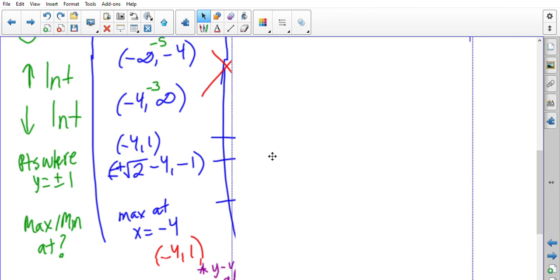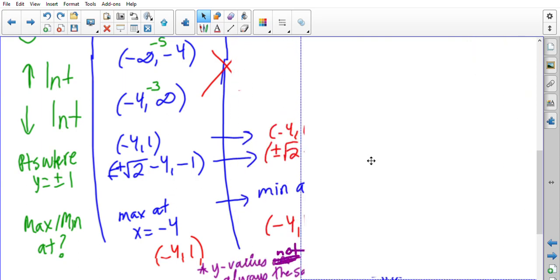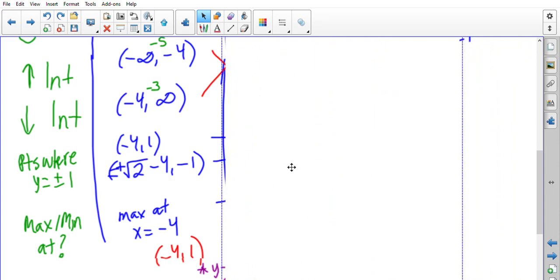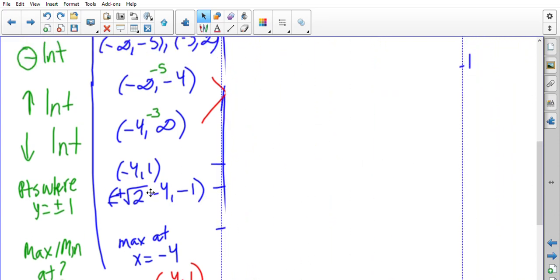Now we need to find the points where y equals plus or minus 1, because those will be points of intersection. So again, do the same strategy that we keep doing over and over again, where we sub in for y and then we solve. And you should get these values.